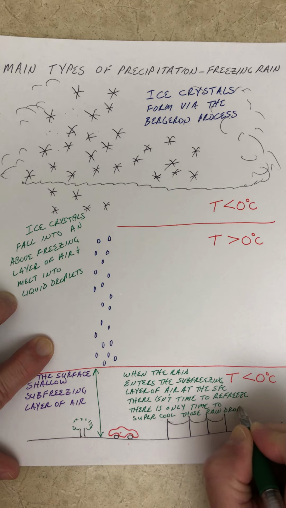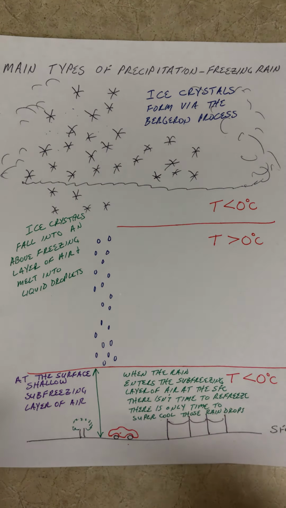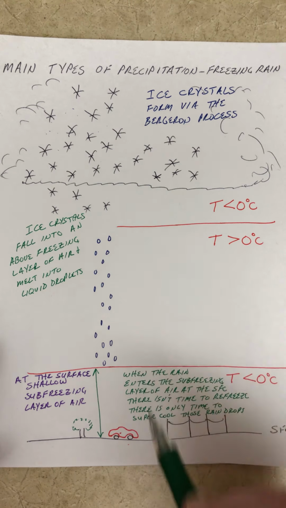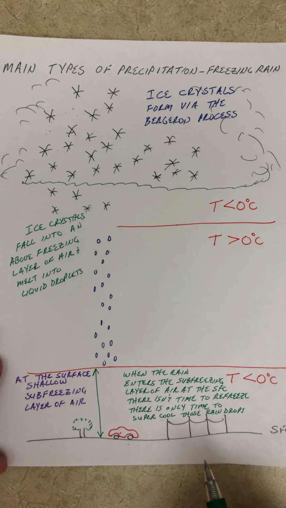Okay, and so these raindrops, they don't refreeze. The sub-freezing layer of air at the surface is so shallow, it doesn't give the raindrops time to refreeze. It only gives them time to become super cooled.